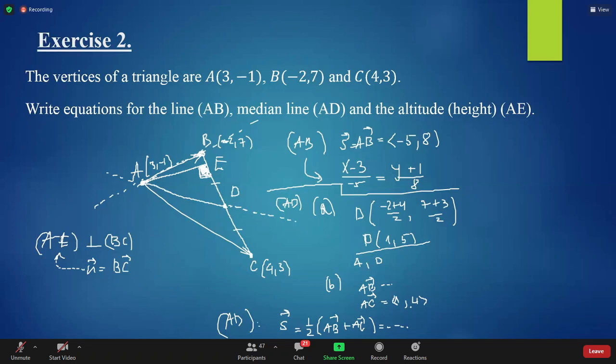And of course, the point A, which can be used all the time for AB, for AD, for AE. So the point A as a given point, as a known point on all three lines.